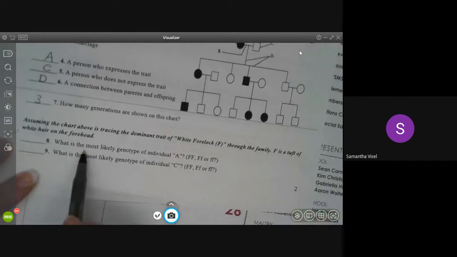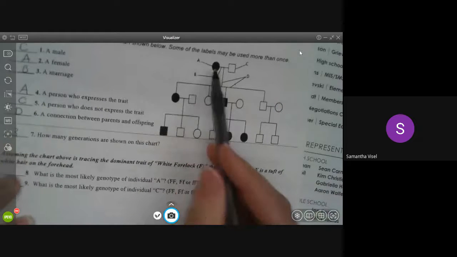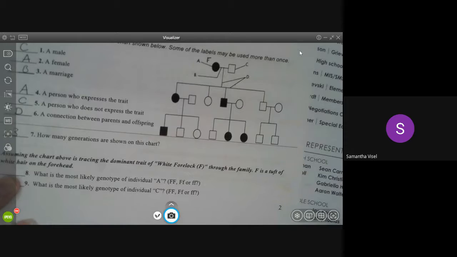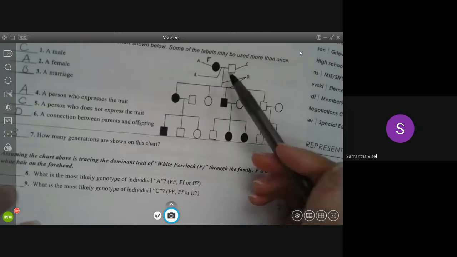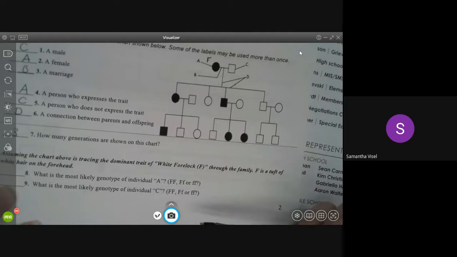So we're asked here, what is the most likely genotype of individual A? So individual A has white forelock. So that means at least one allele is dominant because they have white forelocks. Then the next question is, is their second allele also an uppercase F, or is their second allele a lowercase f? So I can figure this out by looking at the children.